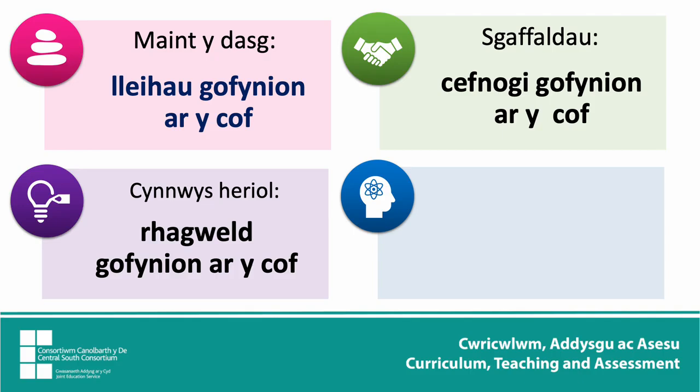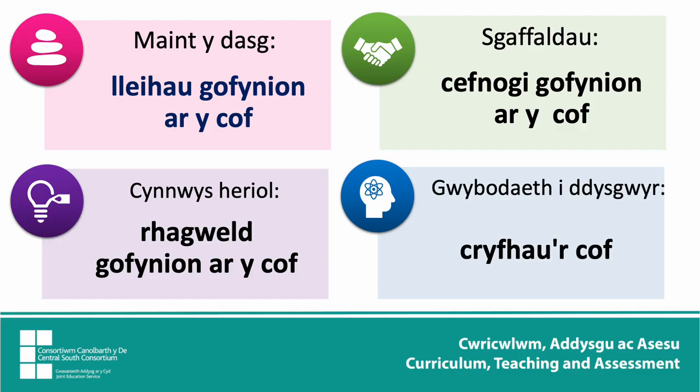Support memory demands by scaffolding, and then strengthen our memory as well. And that's through our culture of retrieval. So again, there's a bit of curriculum link here. But within our teaching practice, we want to be using our retrieval practice as much as possible, so that we can ensure that learners are strengthening those pathways.